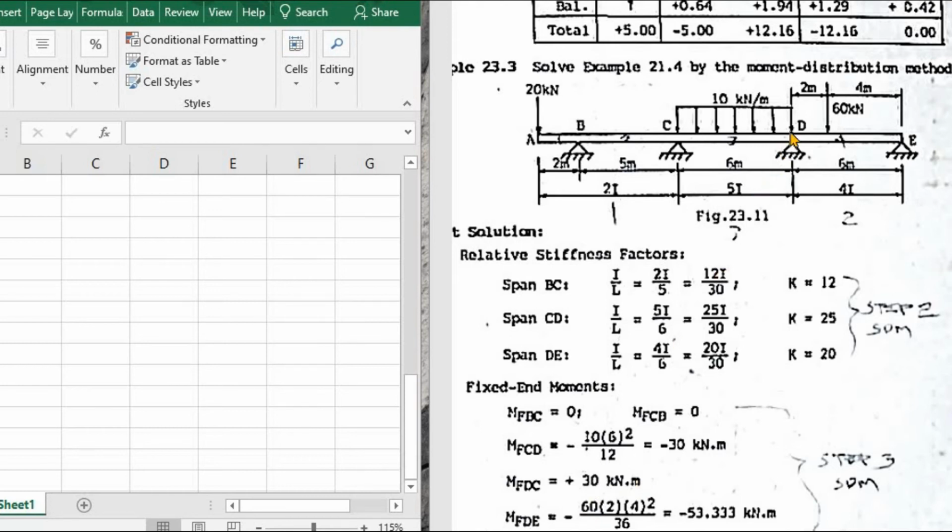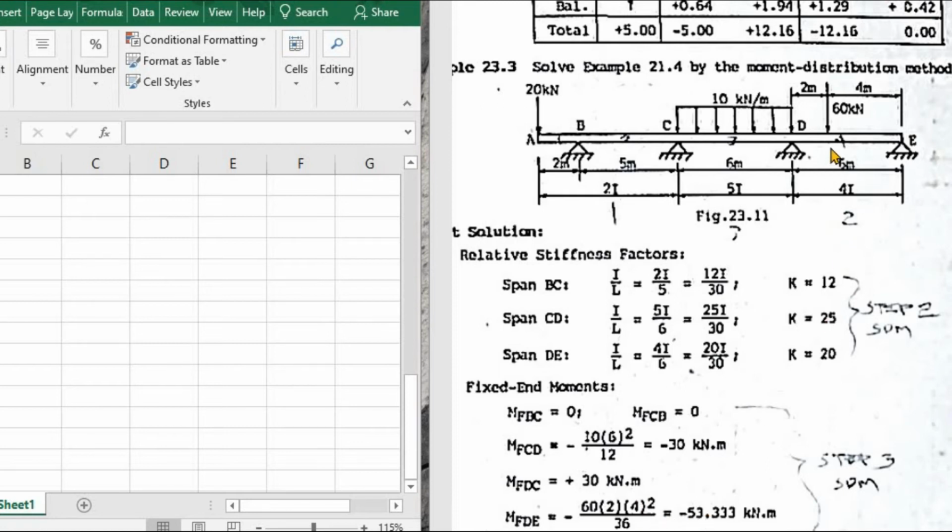And then for DE, you have 60 times 4 squared times 2 divided by 6 squared. Okay? Yan. 60 times 4 squared times 2 divided by 6 squared. And you have here 53.33.